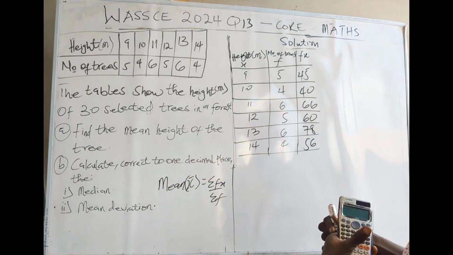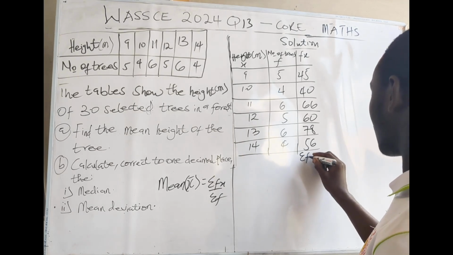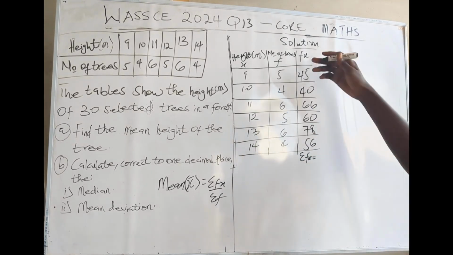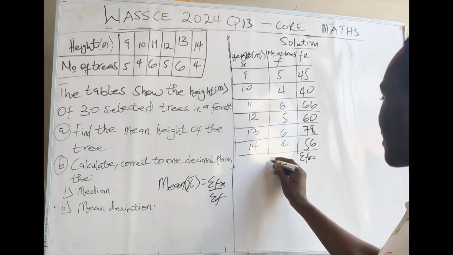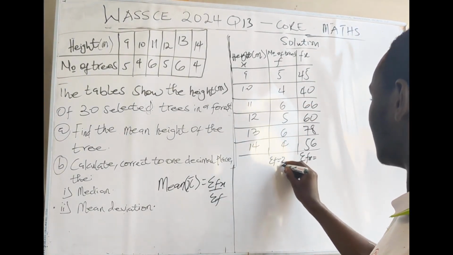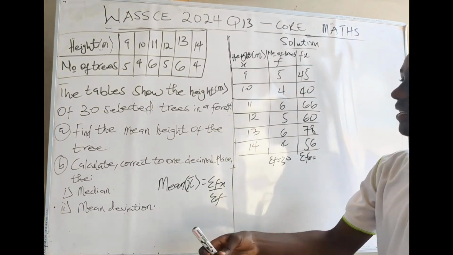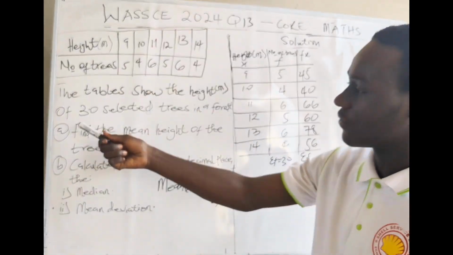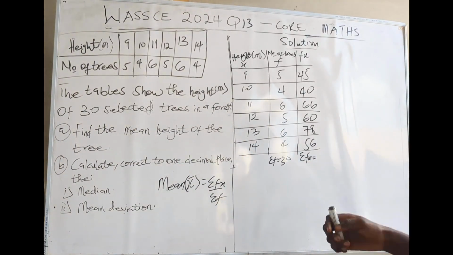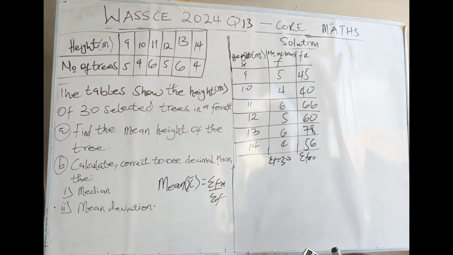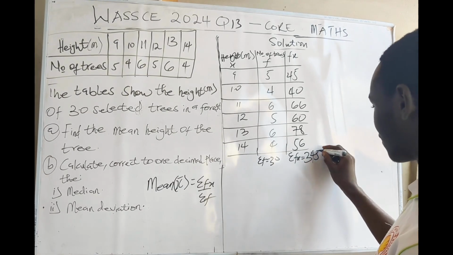Here, our sigma fx will be the summation of the values over here, and our sigma f is 30, as already stated in the question: the table shows the height of 30 trees. So our sigma fx is the summation of 45 plus 40 plus 66 plus 60 plus 78 plus 56, and that's 345.